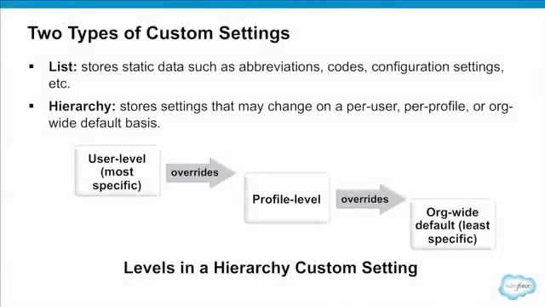There are two types of custom settings. To me, the simplest one to understand is the list. And the list is simply a table, okay? And what you can do, and I'll show you the GUI, you would go in and define a new custom setting and think of it just like an S-object.